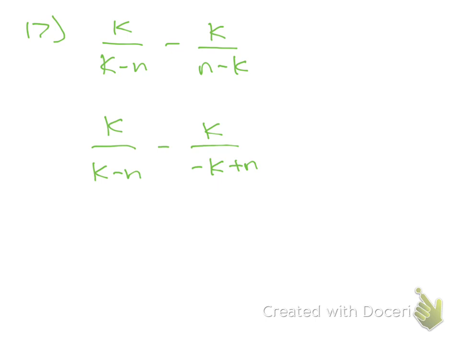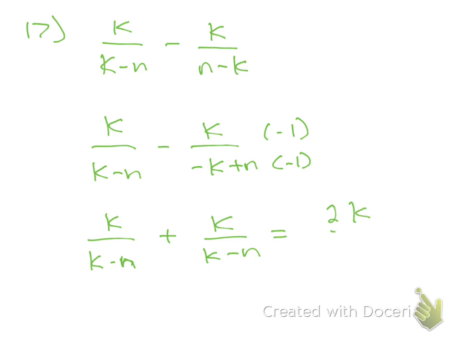So to get the same denominator, I'm going to multiply by negative 1, which would give me k over k minus n. And then that would end up being plus k over k minus n, which would give you 2k over k minus n.